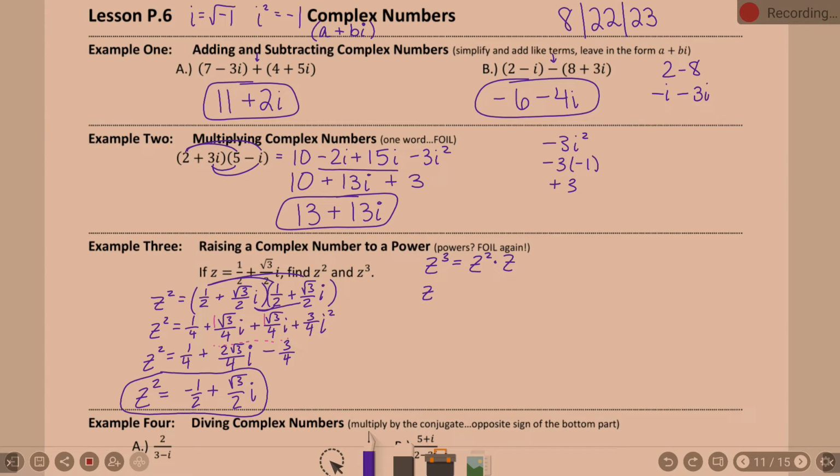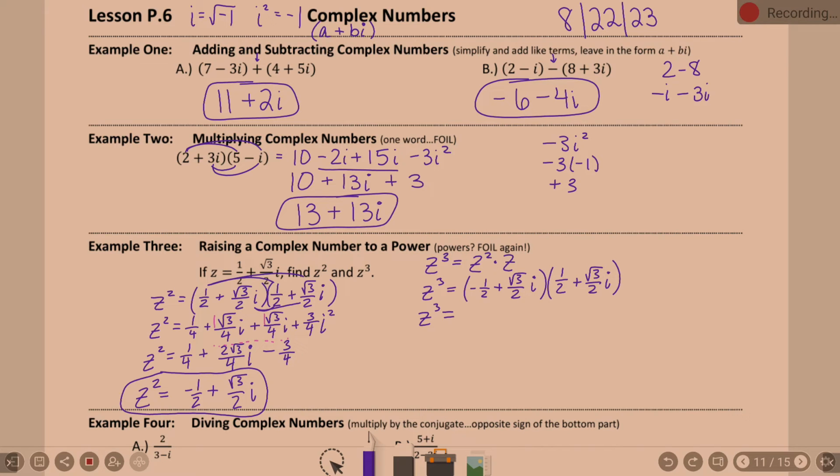So z squared turned out to be -1/2 plus square root of 3 over 2 times i, times the original z, which was +1/2 plus square root of 3 over 2 times i. And FOIL? You'll see a lot of similarities, but there's a big difference also.